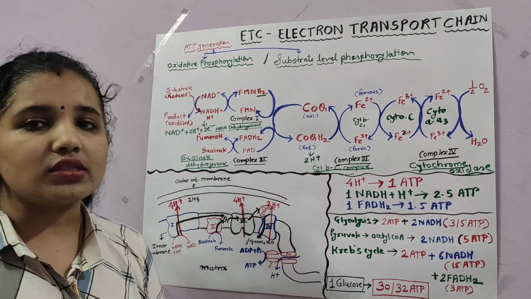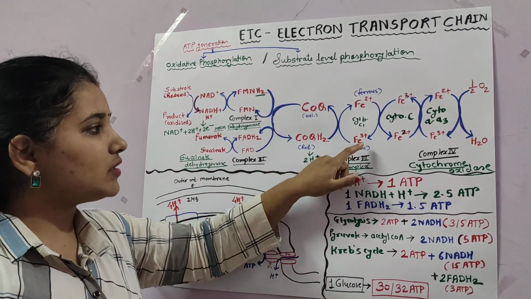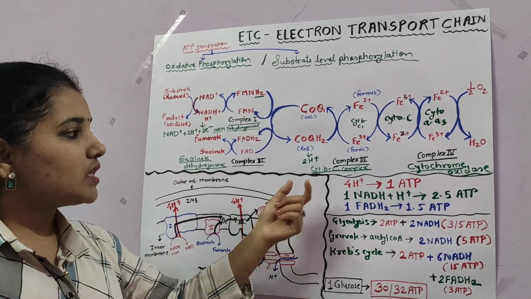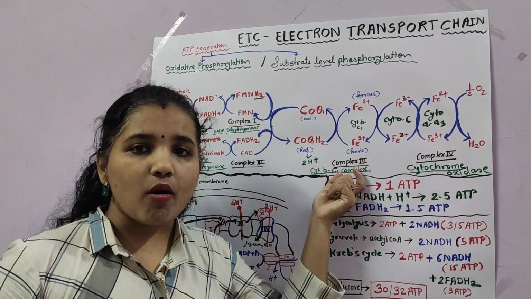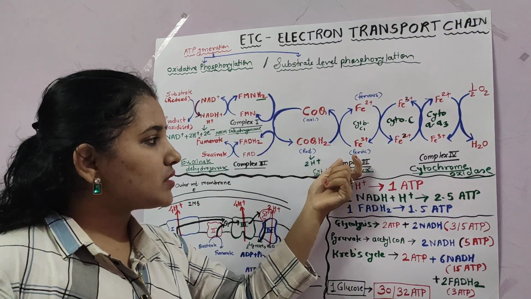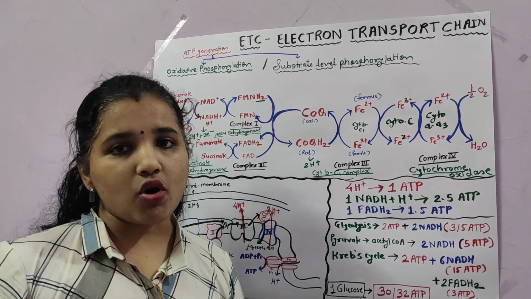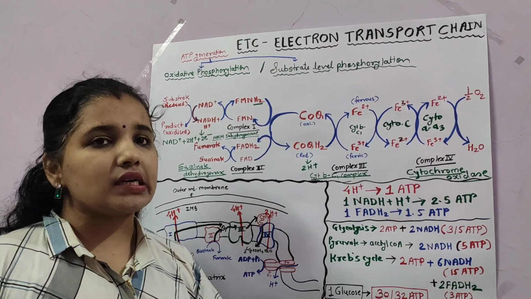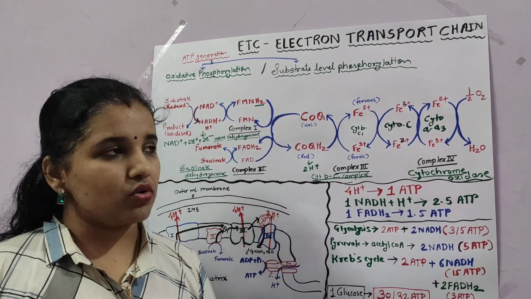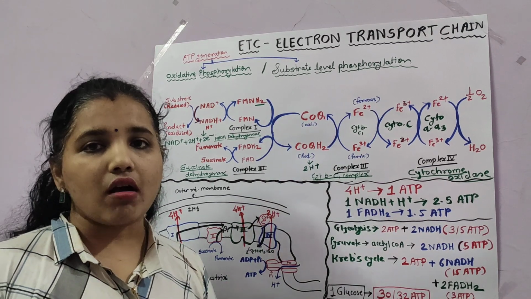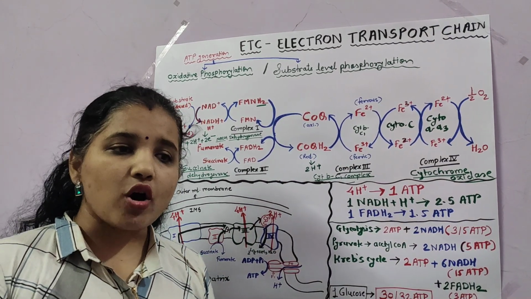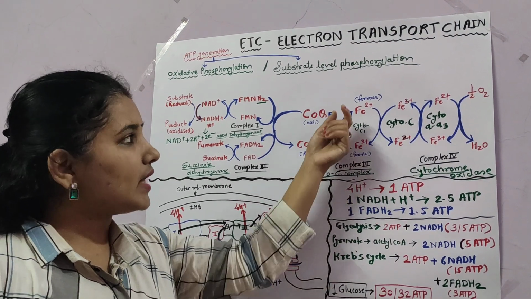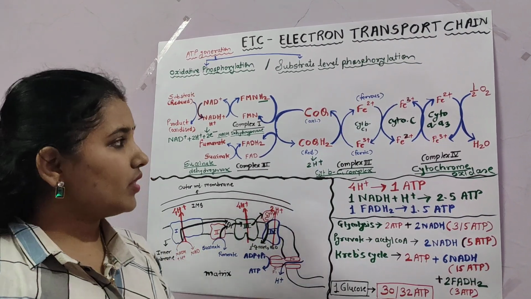Then this coenzyme Q releases its protons into the matrix, and the electrons are accepted by the cytochrome b c1 complex. Cytochrome b c1 complex is complex number 3 of the electron transport chain. Cytochromes are basically iron containing compounds, and they keep converting between the ferric and the ferrous form.